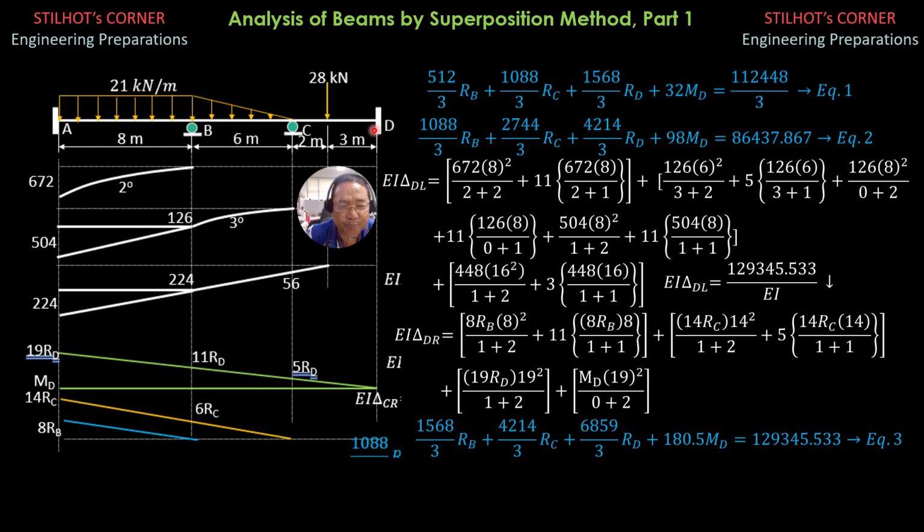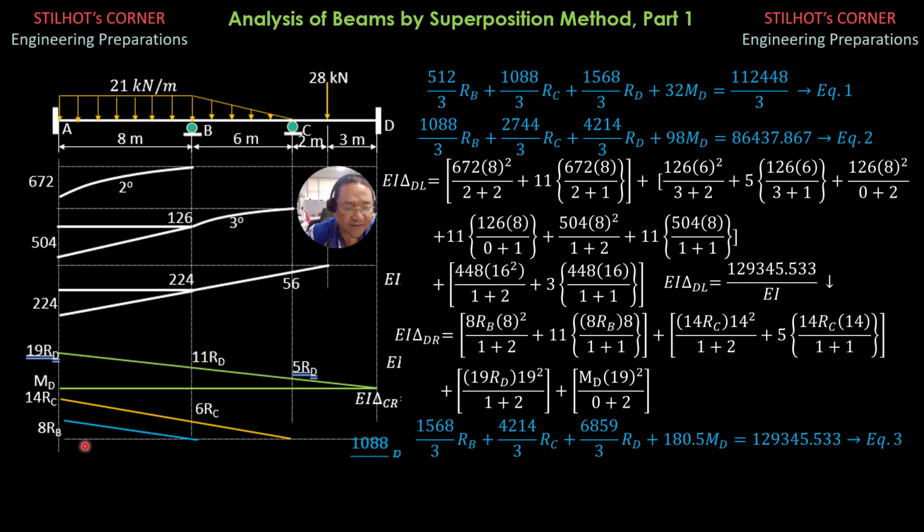So due to the loading, EI theta D is the slope at this point plus the slope at this point plus the slope at that point plus the slope at this point. So take note that the slope at the end of the load is the same if we consider individually.